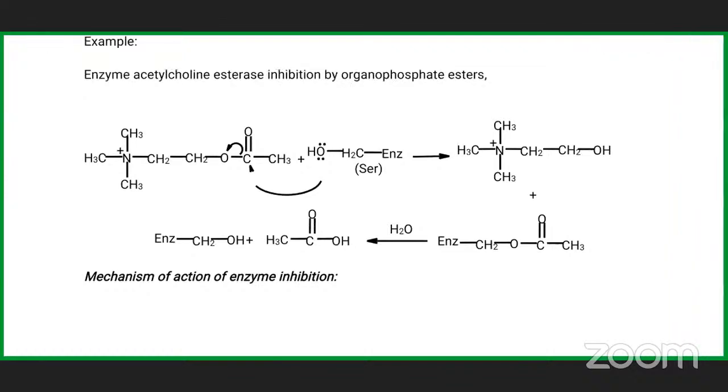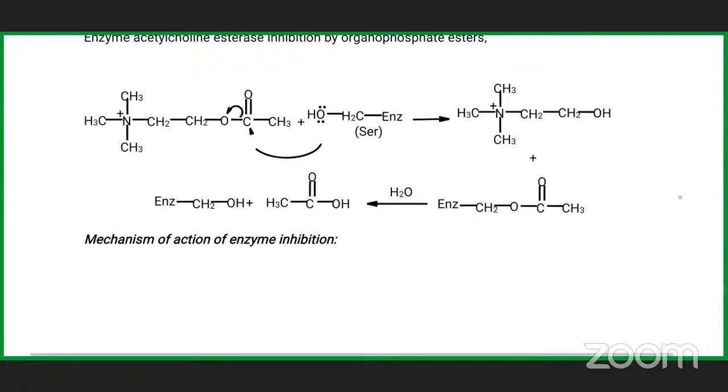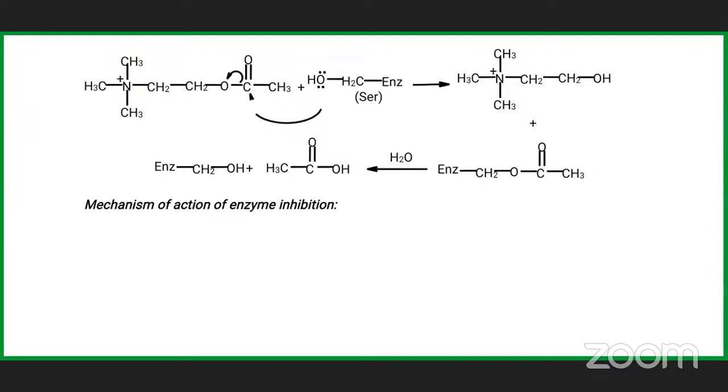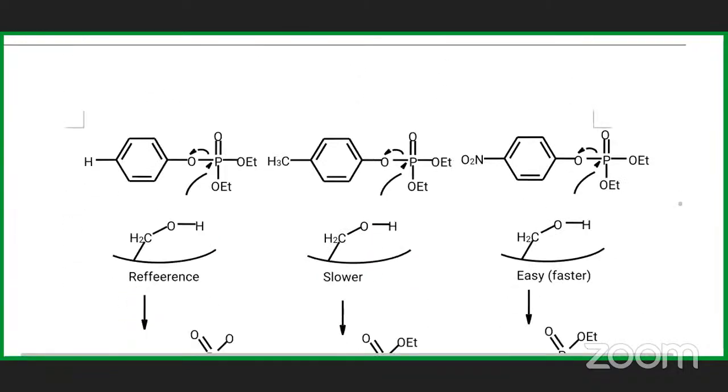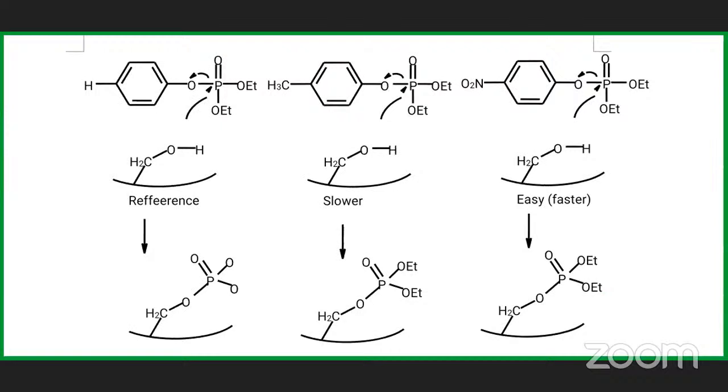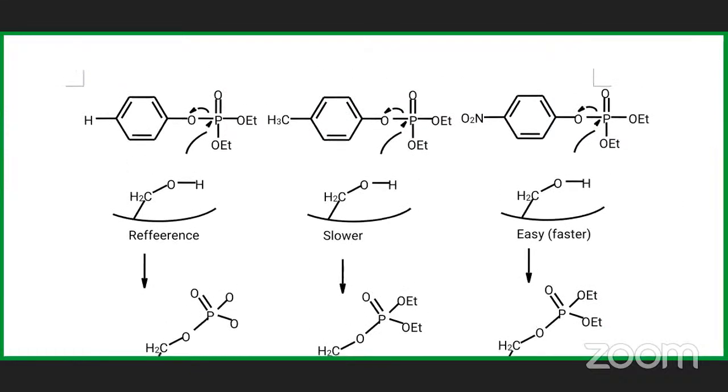Here one example is given, the action of enzyme inhibition, where the enzyme with the hydroxy group is taken, and the rate of hydrolysis is explained. This is the normal reference compound, where there is no substituent at the para position.